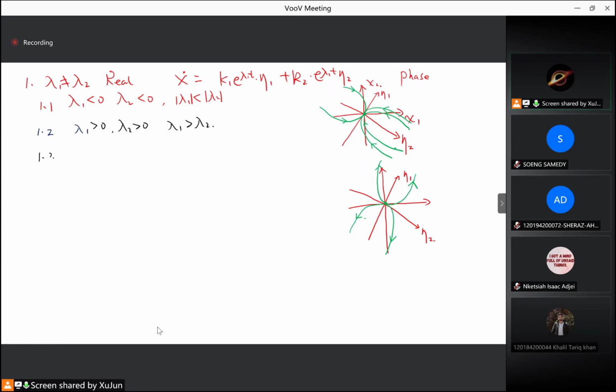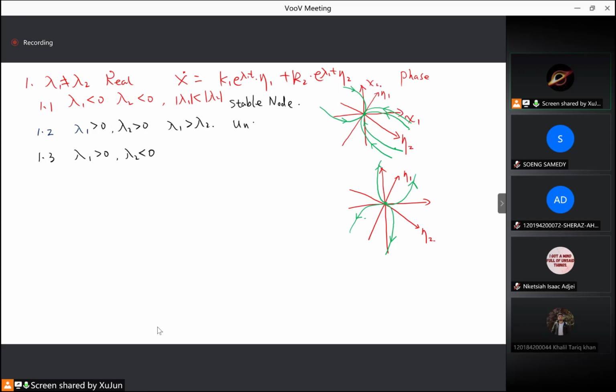Case 1.3. Lambda 1 larger than 0 and lambda 2 less than 0. For these two cases, we call them unbalanced. This is a stable node.